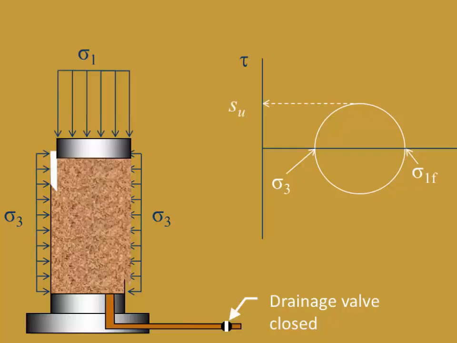Because the drainage valve was closed during the consolidation phase, no consolidation occurred, and the soil did not gain any strength during this phase. Therefore, the undrained strength under confining stress is no greater than the undrained strength measured by an unconfined compression test of the same soil as shown here.